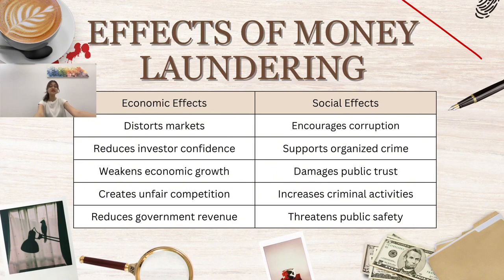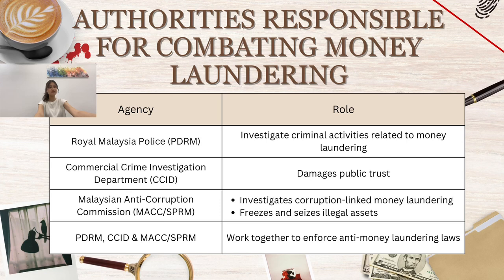Next, authorities responsible for combating money laundering. To combat money laundering in Malaysia, there are several authorities that work together. Firstly is the Royal Malaysia Police, known as PDRM. They investigate criminal activities related to money laundering and gather evidence against offenders. Secondly is the Commercial Crime Investigation Department, also known as CCID. They specialize in investigating financial and commercial crimes, including money laundering cases.